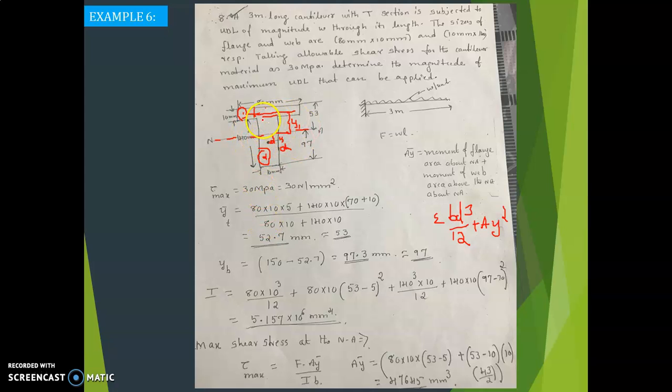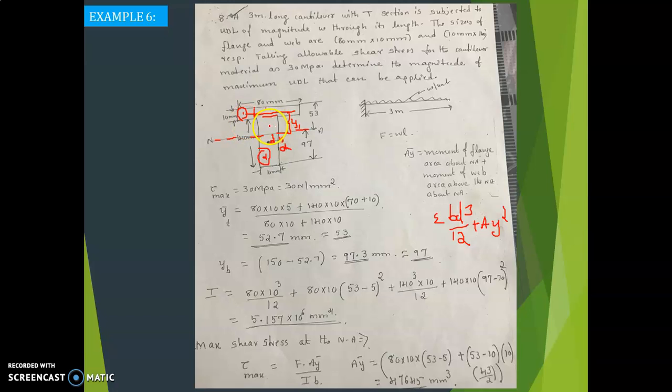Now what is the web area above the neutral axis? It is only this portion, that is, total this is 53, so this portion is 43. So 43 into 10, because the thickness of the web is 10. This into this, that is total 53 minus 10, gives this distance. So that is 43 into 10 into y bar.